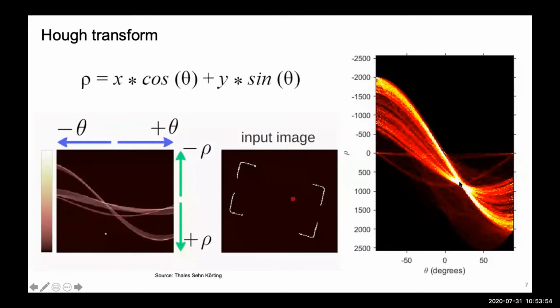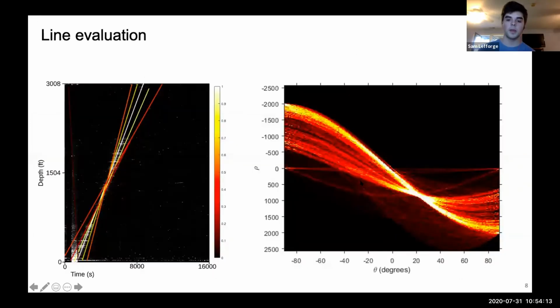So what you can do here is search for the largest number of intersections, and then you can say, okay, the theta here is this amount, the rho is this amount, and you can then turn that back into a line. You can think of rho and theta sort of as a slope and a y-intercept. So once we have these lines detected, we need some sort of method of evaluating them.